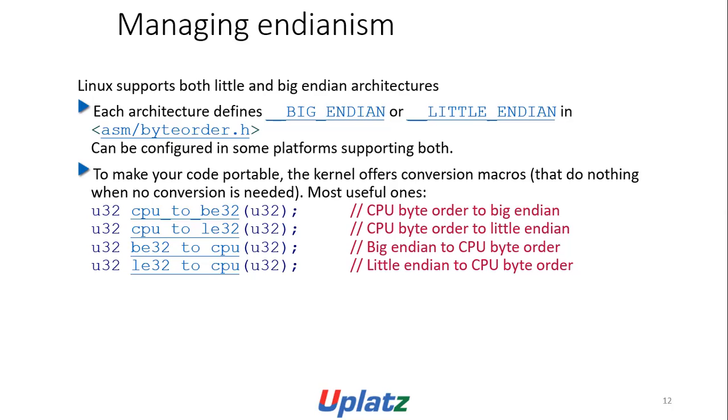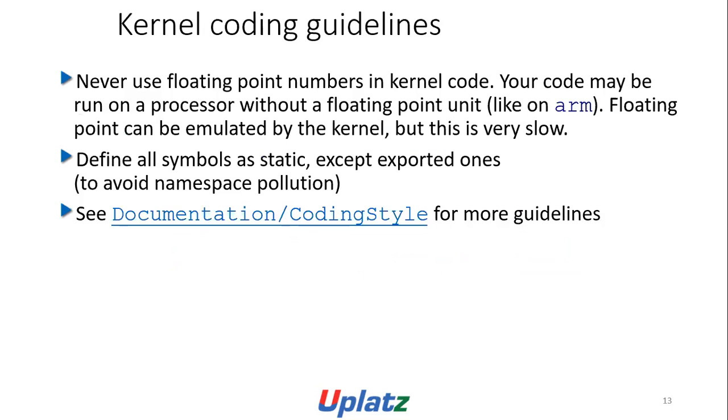The most useful ones are: cpu_to_be32, CPU byte order to big endian; cpu_to_le32, CPU byte order to little endian; be32_to_cpu, big endian to CPU byte order; le32_to_cpu, little endian to CPU byte order.